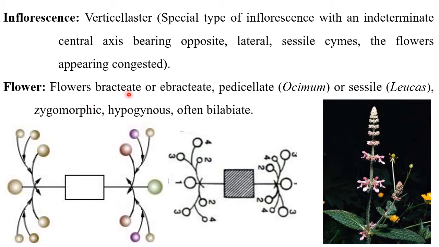Flowers are bracteate or ebracteate. They are pedicellate in Ocimum or sessile in Leucas. They are zygomorphic. Hypogynous means ovary is superior, and flowers have a bilabiate corolla.